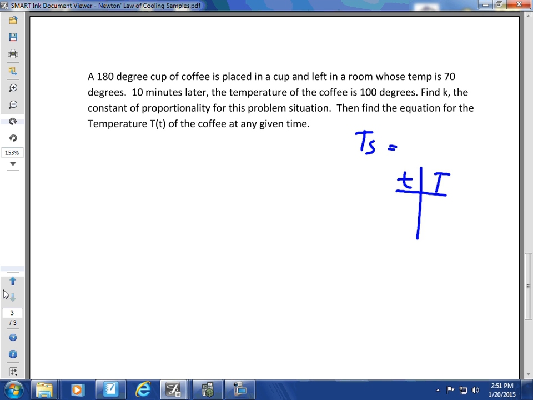180. Cup of coffee is initially 180 degrees. 100. And the surrounding medium temperature is 70.